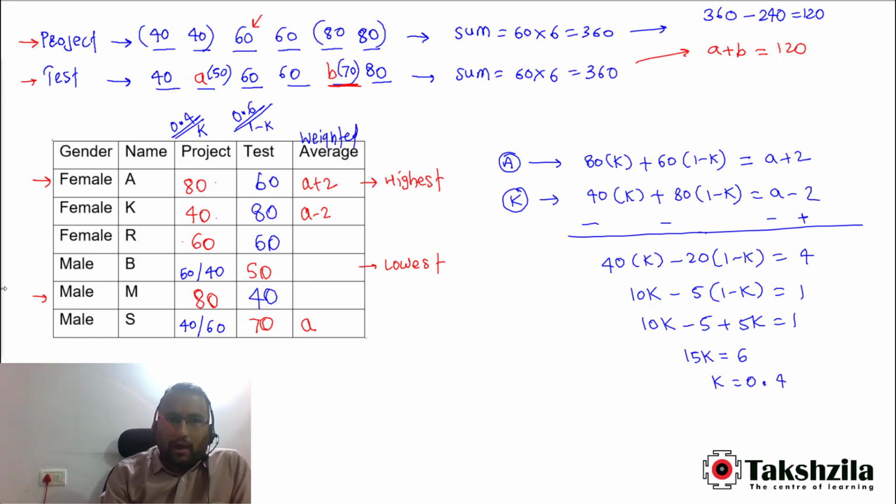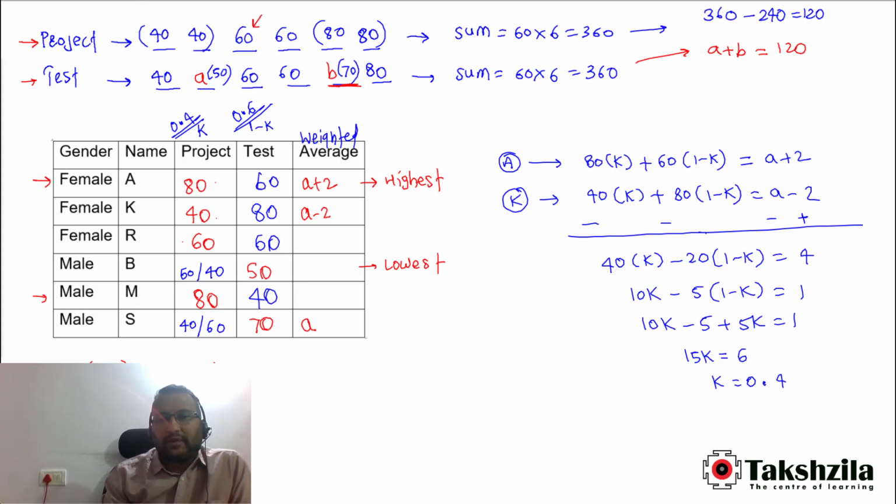So over here, now the aggregate score or weighted average for A is going to be how much? 80 into 0.4 plus 60 into 0.6, that is going to be how much? 32 plus 36, that is equal to 68, which is equal to A plus 2.